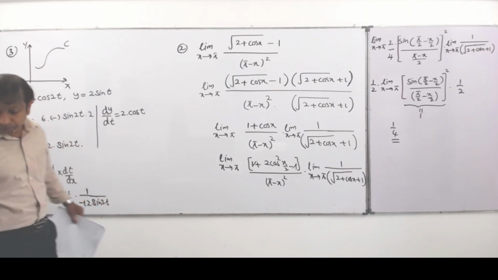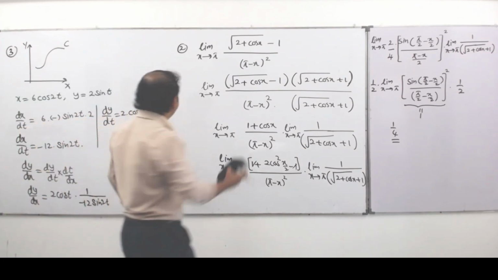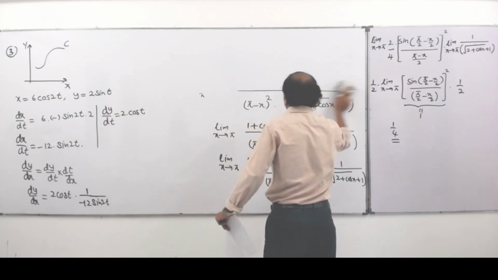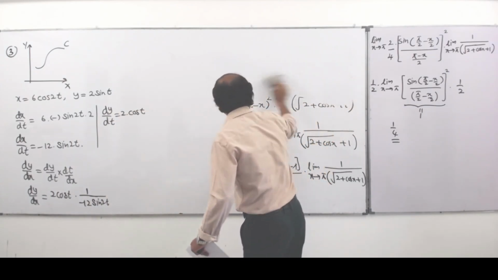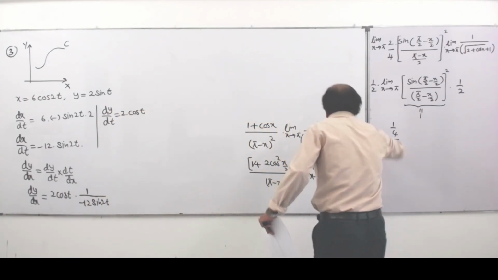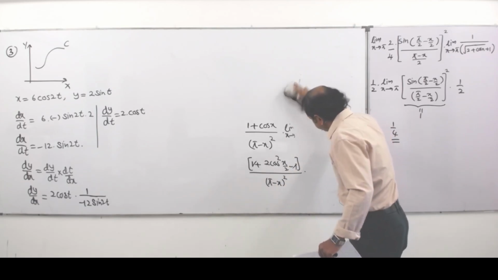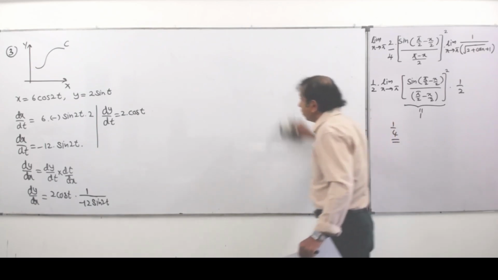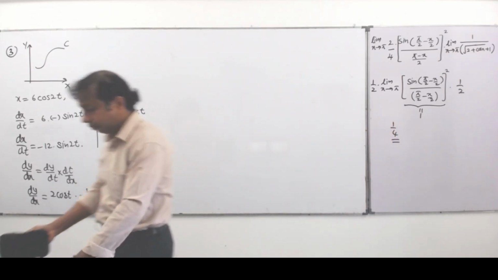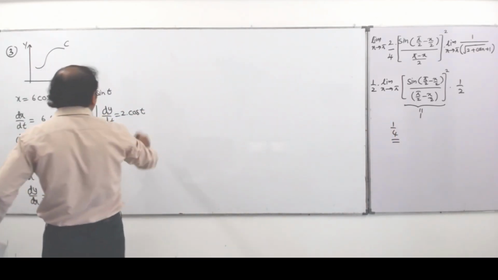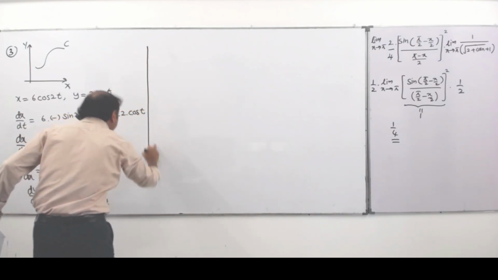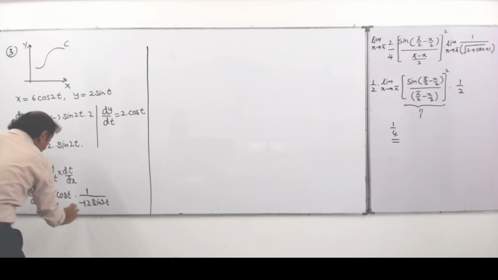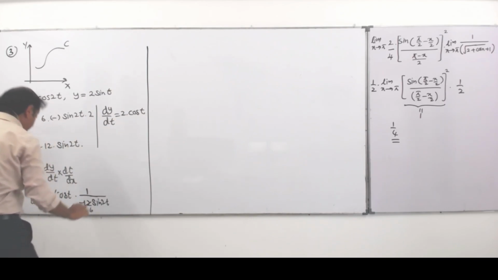Right. Then we can write, simplifying this, this 2 and this we can cancel down.